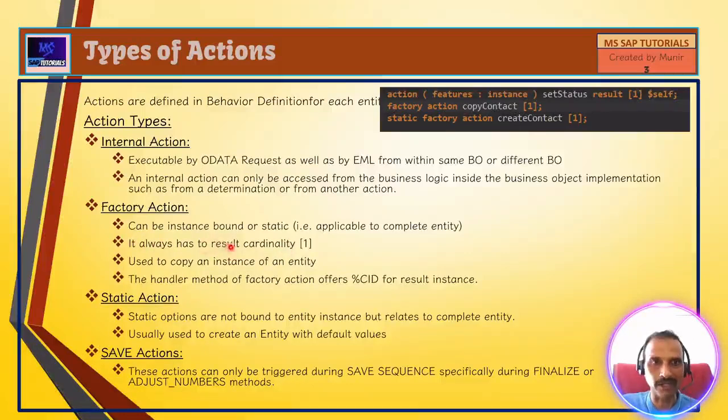It is used to copy an instance of an entity. You can see we have a factory action with one action name that will give me only one result back. Similarly, there is also a static factory action. And finally, we have the save sequence, which can be called during the finalize and the adjust numbers as well.